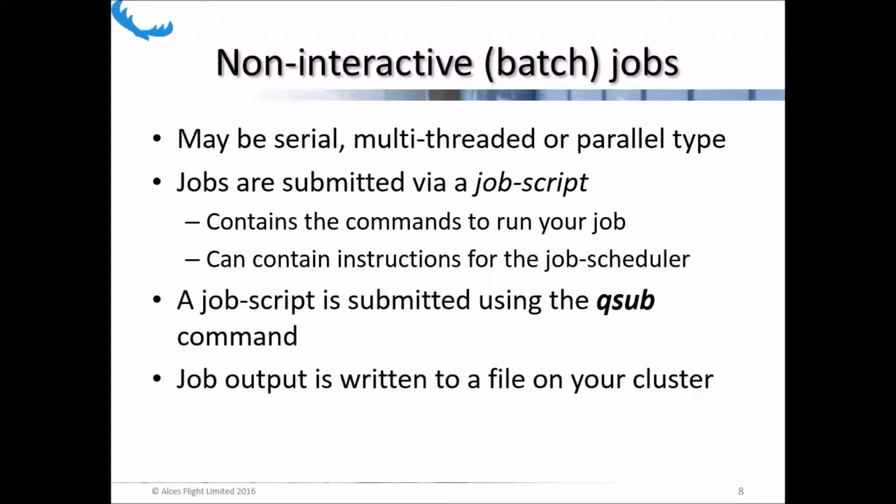The scheduler transmits that list of instructions to your compute node and then executes it on one of the nodes of your cluster. Job scripts can also contain instructions for the job scheduler to explain how you want your job to be run. Once your job script's written, it's submitted to the scheduler using the qsub command. Job output is written to a file on your cluster for you to look at after the job has run.